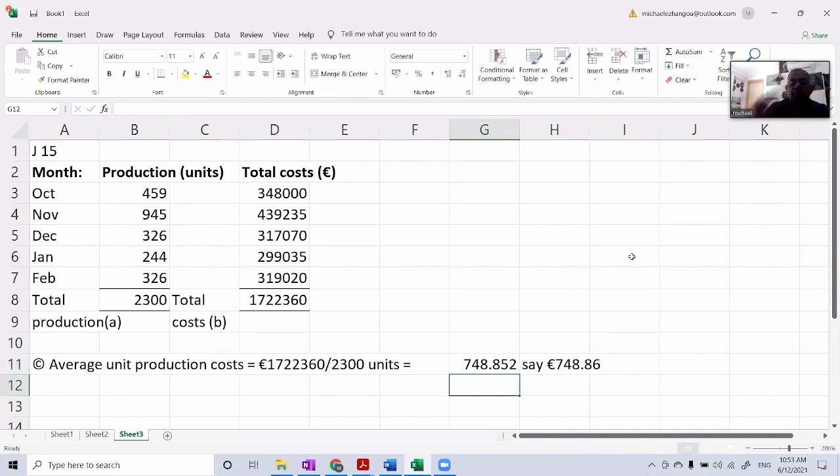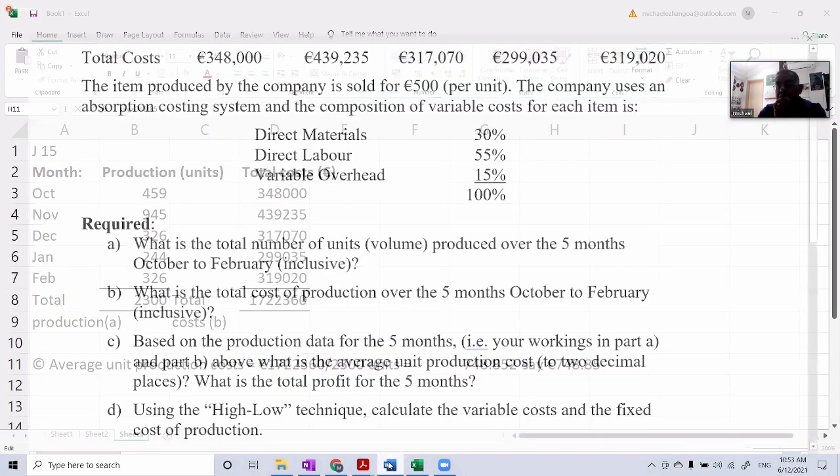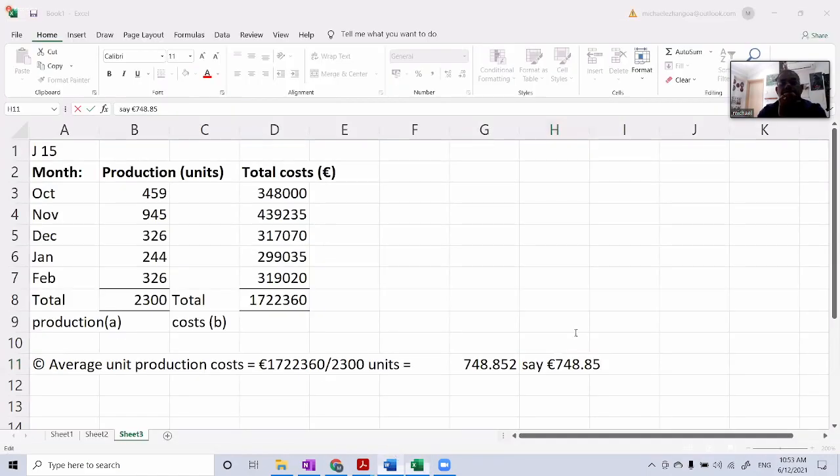Please check. Sometimes I do it very quickly and make a mistake. So 748.85. Is the rest of it correct? Please check: 348, 439, 235, 317, 070, 299, 035, 319, 020.